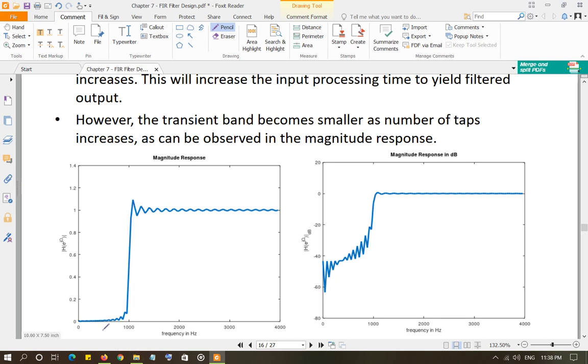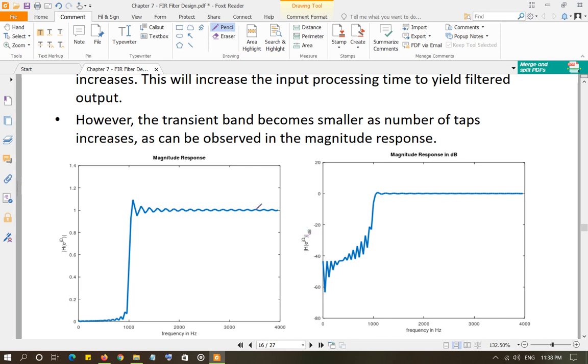And as you can see now, you have a bunch of ripples here, and you have a bunch of ripples in the pass band. You can see the transition band has become very steep. Of course, as you start increasing the number of taps, the filter length will increase. The transition band starts decreasing, so it becomes very close to 90 degrees.